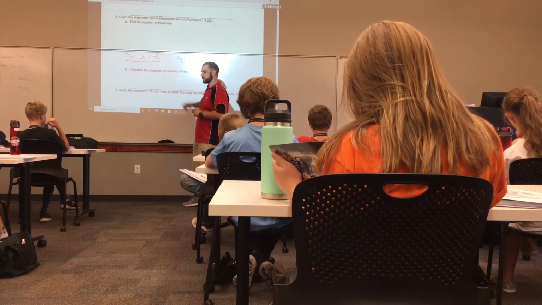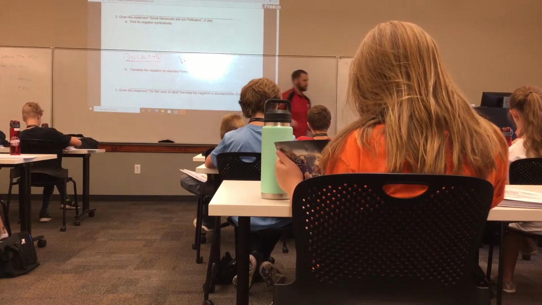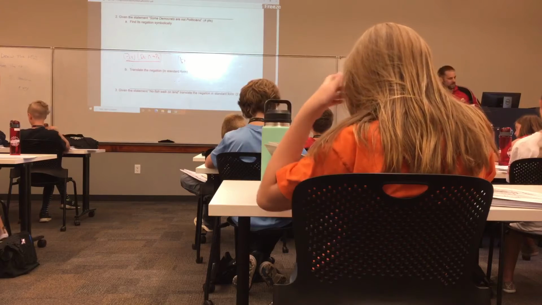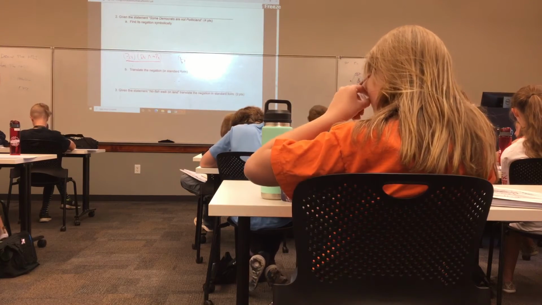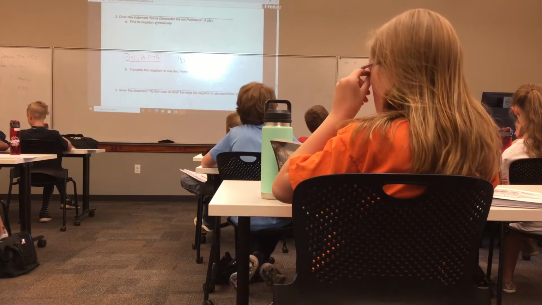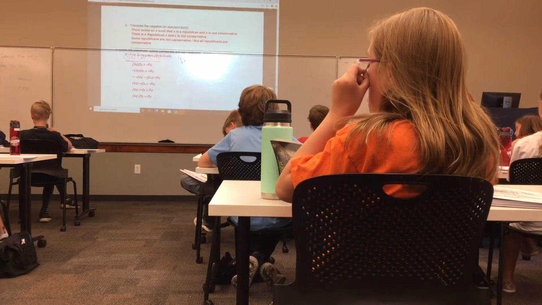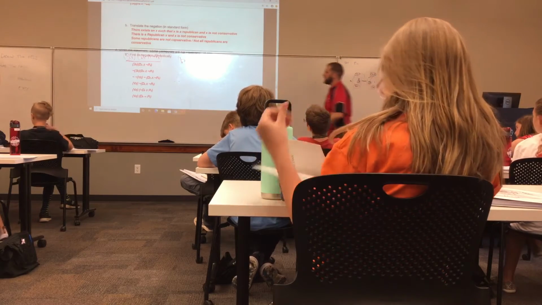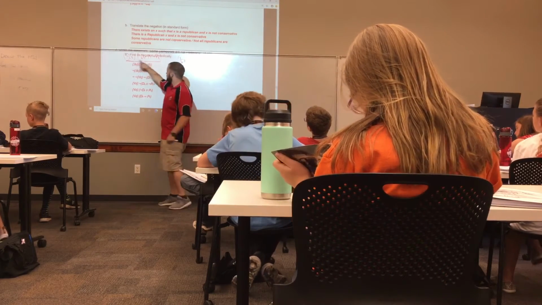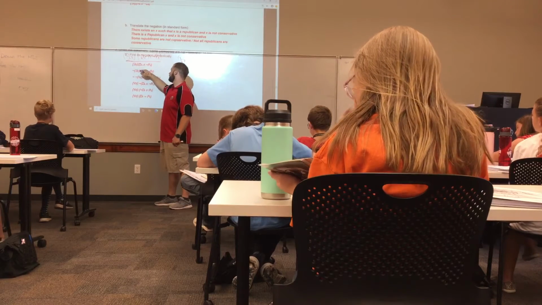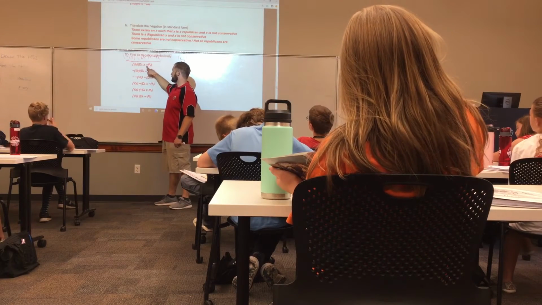Okay, the process to the negation though, let's look at the process, using our different rules. Let me show you this with our rules. If we start out with our original statement here, we say there exists an X where X is a Democrat and X is not a politician.